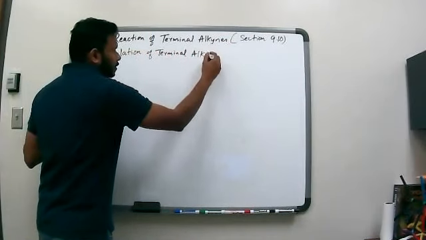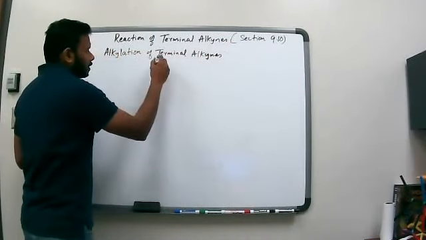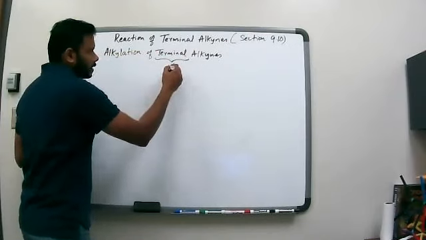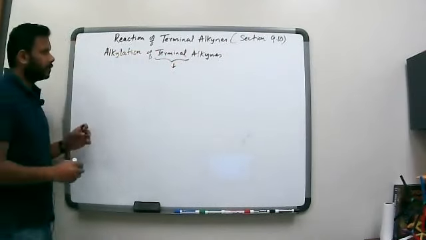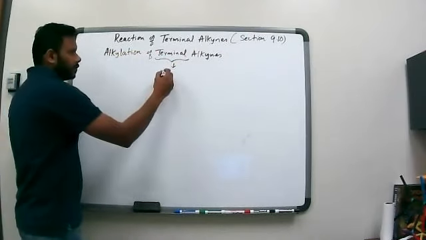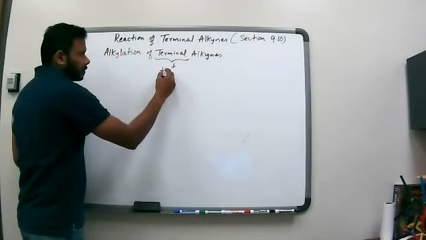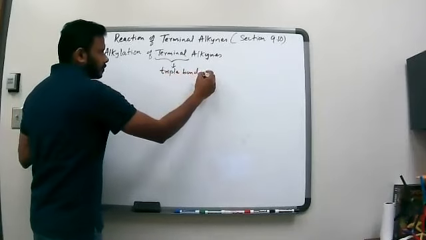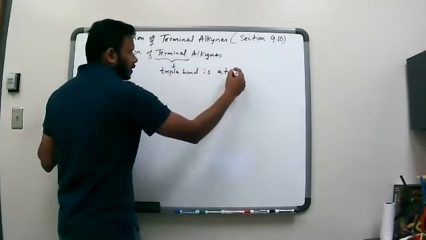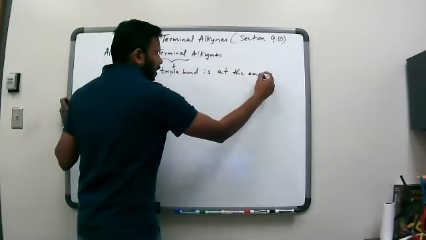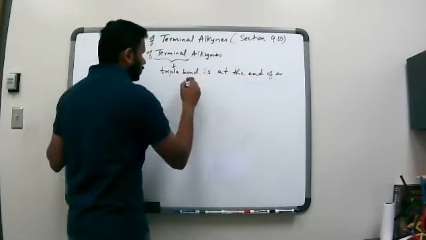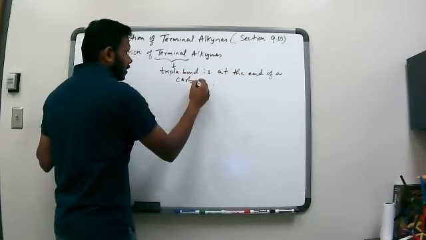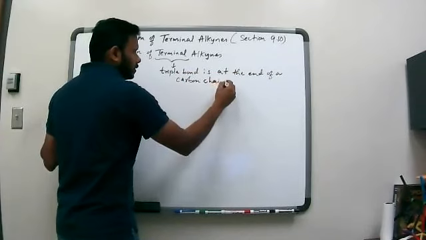Of terminal alkynes. So terminal, again, just to refresh your memories, is when the triple bond is at the end of a carbon chain.